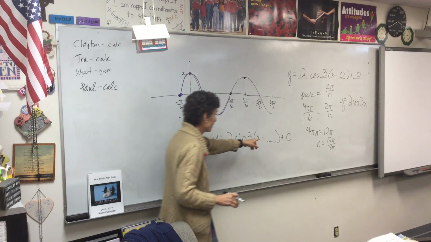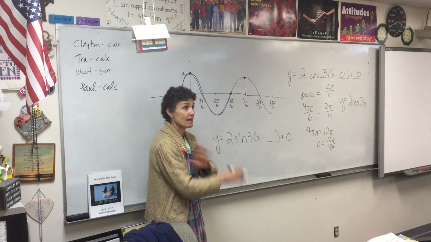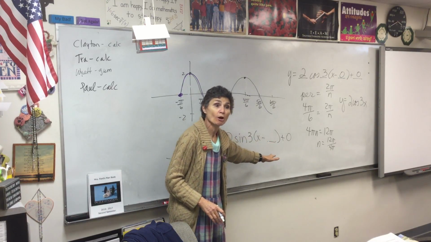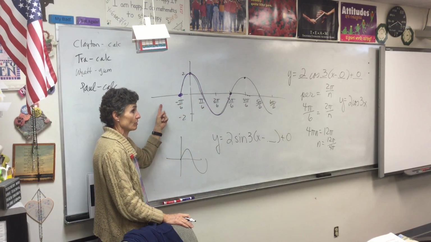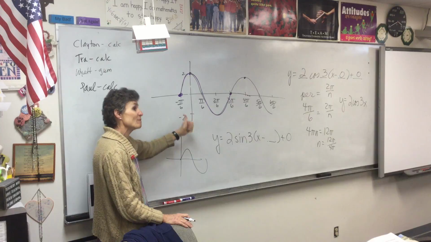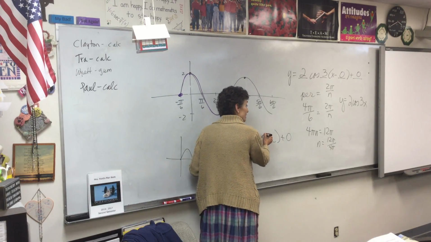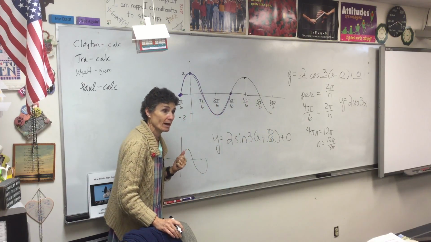And that shows up only in this blank. So all the rest of it's going to stay exactly the same every time. The only thing that's going to change is right here. Where are you starting? Well, where are we starting if we're thinking of this as a sine curve? At negative, we backed up pi over 6, so this would have to be x plus pi over 6. That would back you up pi over 6.